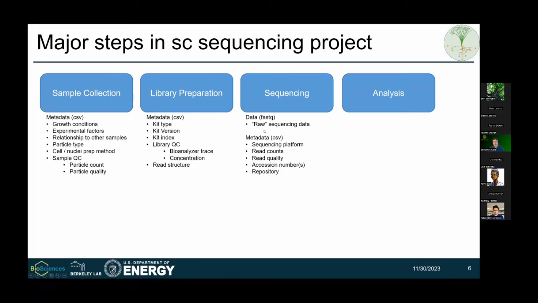This is probably the most important component of your data set. This is the raw sequencing data, usually in a FASTQ format. But there are other formats that can also be used to reconstruct this raw sequencing data. And then all the metadata that's associated with sequencing, including the platform used to sequence it on, read counts, the quality of the reads, accession numbers if they're deposited in a public repository, and which repository they are in.